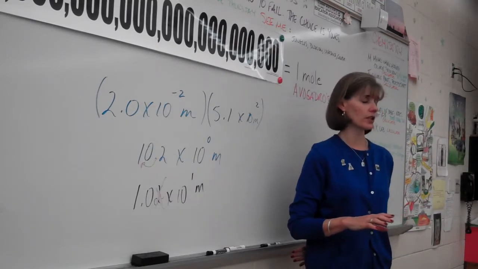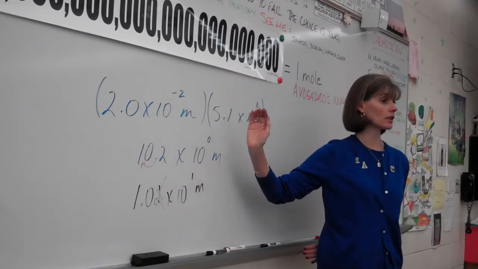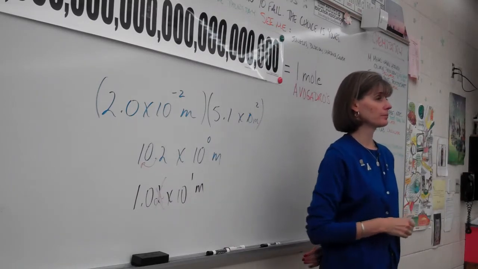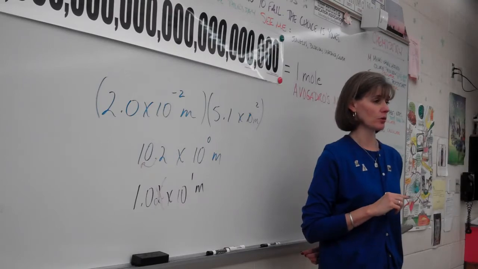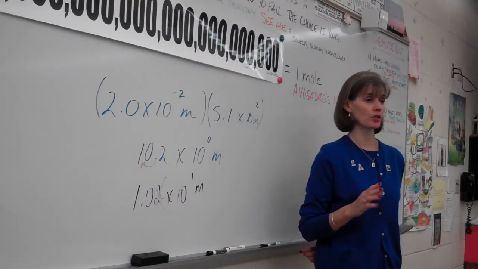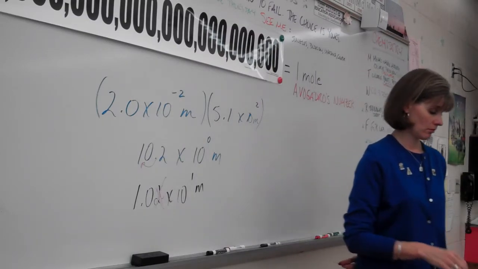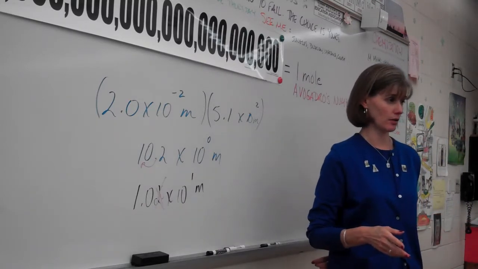The number of sig figs that matched the measurement that had the least, or the one that was least precise. Watch the difference between precision and accuracy on the Moodle quiz. Some of you are using those terms interchangeably, and they're not the same thing. Some of you are saying accurate when you mean precise, or precise when you mean accurate. Little hint there.